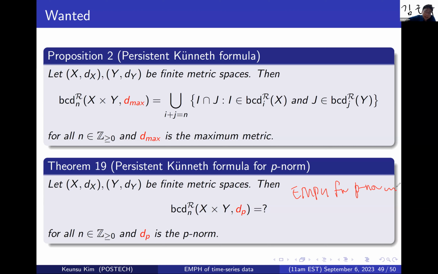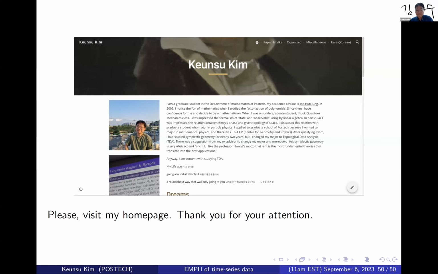So we get the variable inference method for time series data. So I want someone to prove the Künneth formula for p-norm. So please visit my homepage, and thank you for your attention.